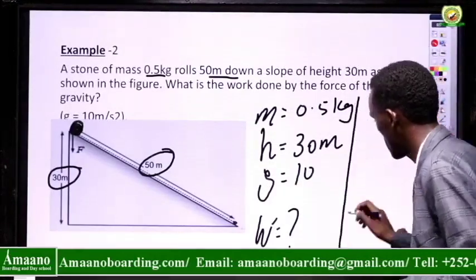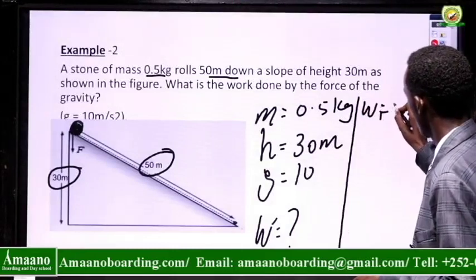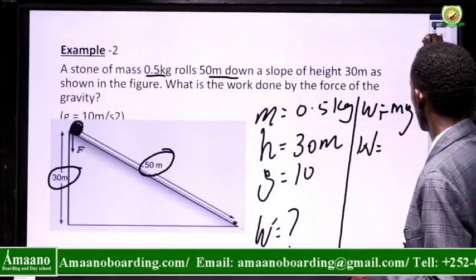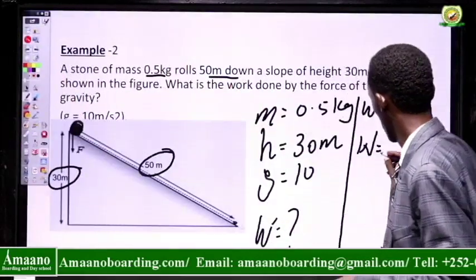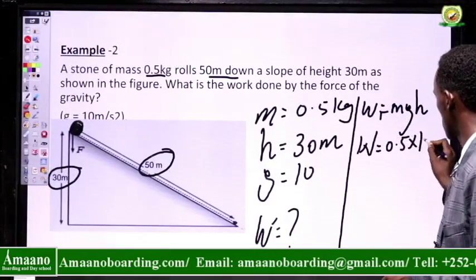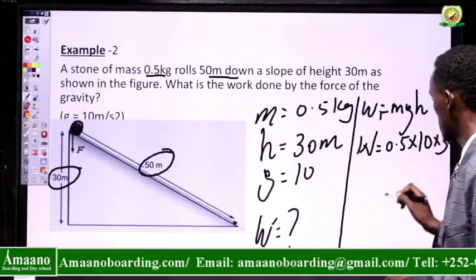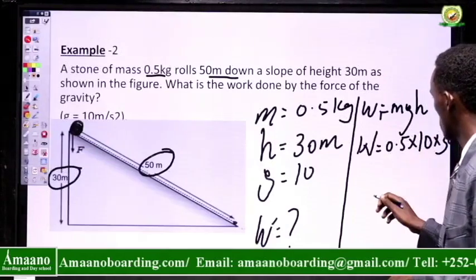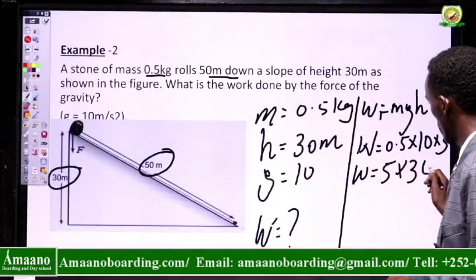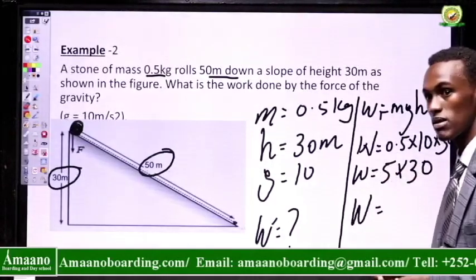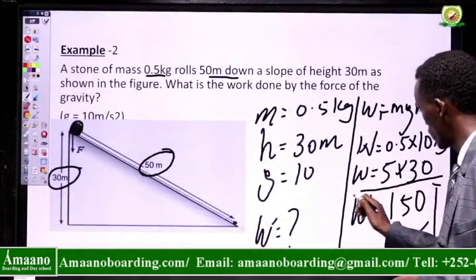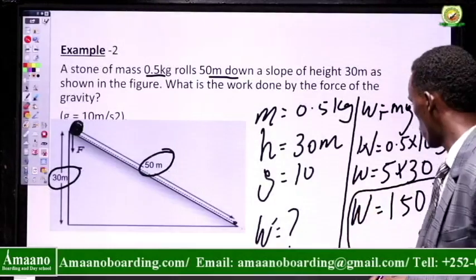Work done by the gravity can be found by mgh. So work done by the gravity is equal to mass, 0.5, times gravity, 10, times height, 30. 0.5 times 10 is 5, times 30 is 150 joule. Therefore, work done is equal to 150 joule.